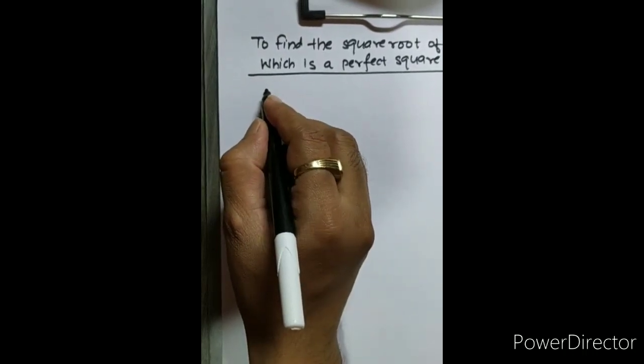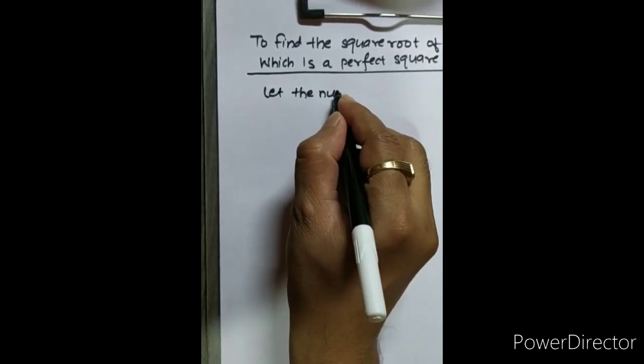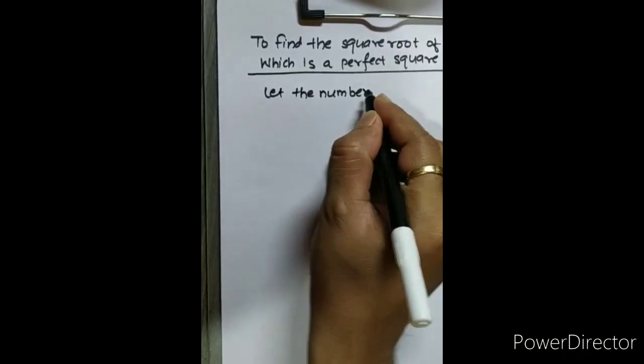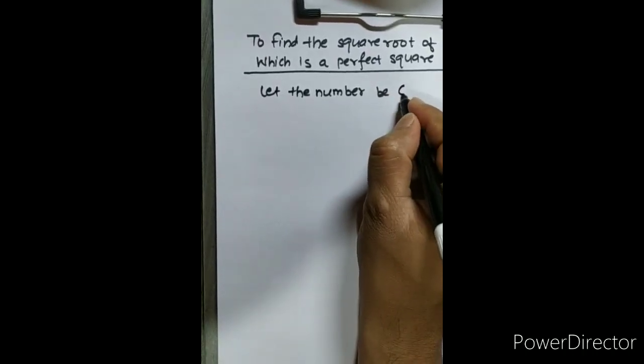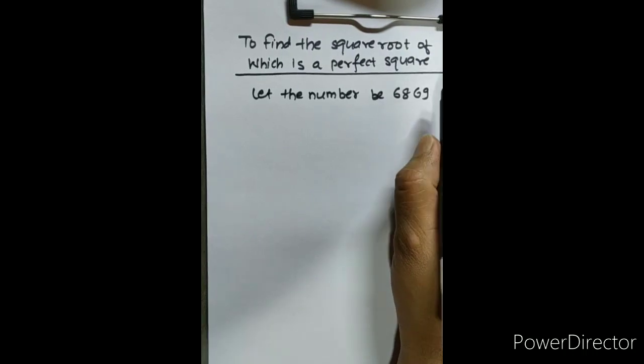Let's take a number, let the number be 6889.